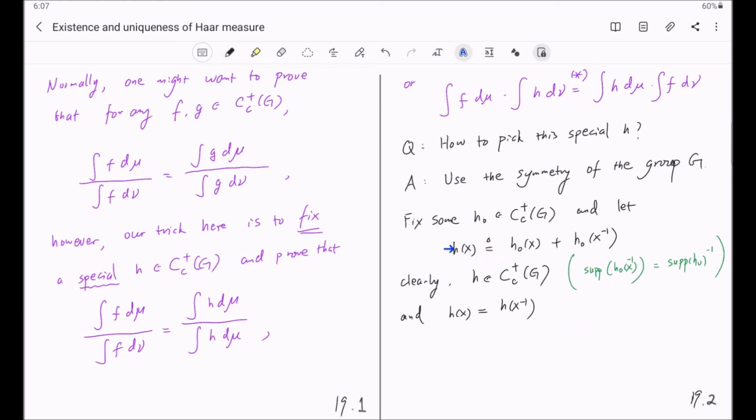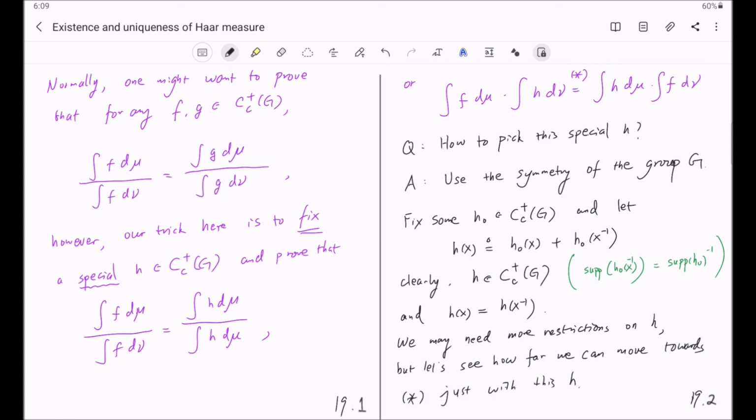This is a good beginning for h. Maybe we want to have some more assumptions, restrictions on h. But let's see how far we can move towards this star equation just from this simple h. And later, we may adjust this h in order to fit in some more general settings. But we do not know at this point yet. We will see.